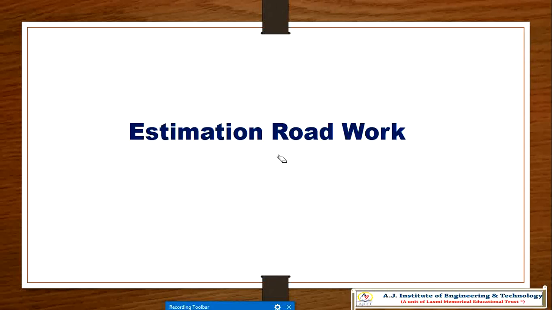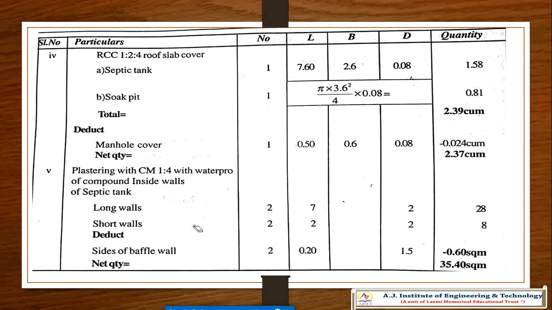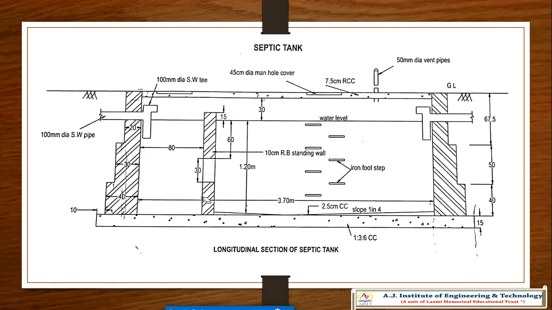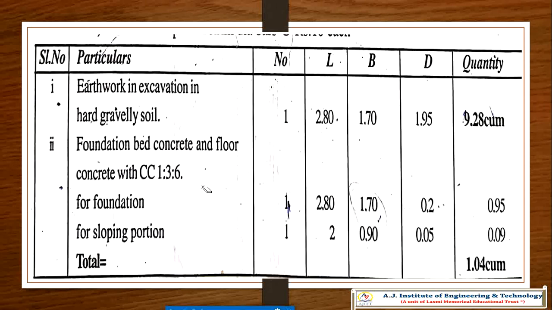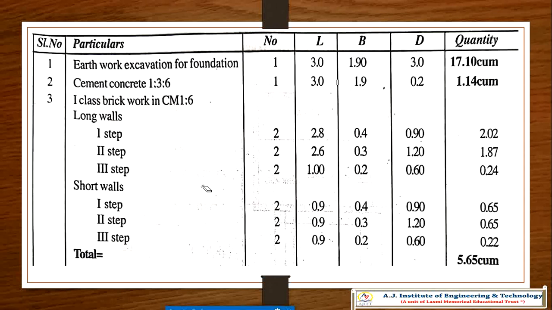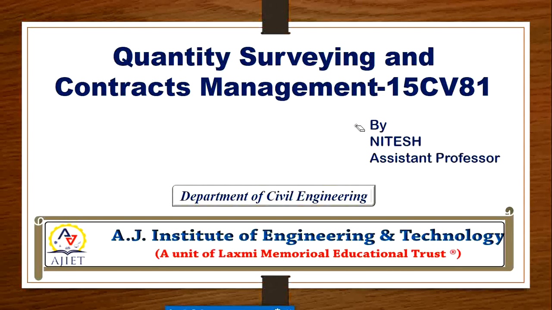Estimation of road we completed with all types of methods. Now in the septic tank I completed, soak pit I completed, septic tank and manhole I completed, as well as all types of manholes in the roads, septic tank and roads in module 2. We are going to conclude module 2 now.